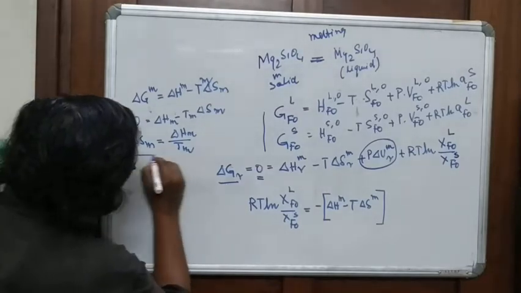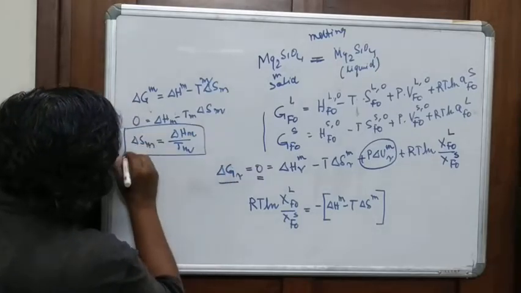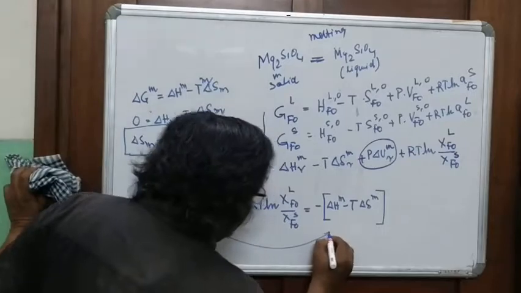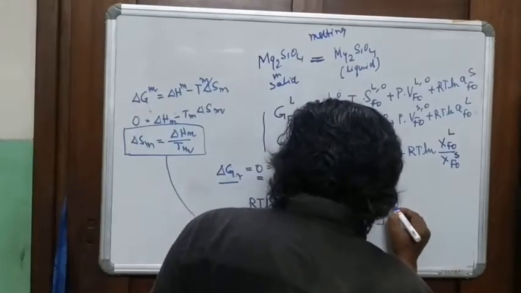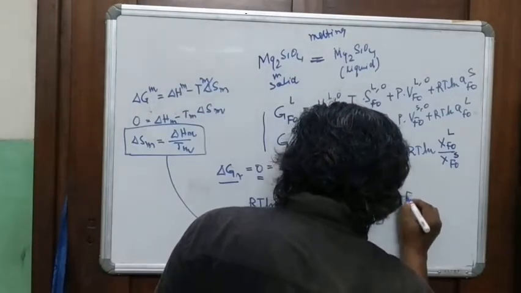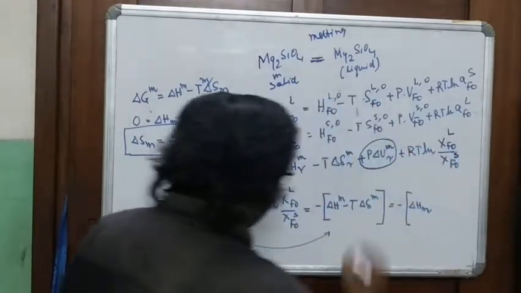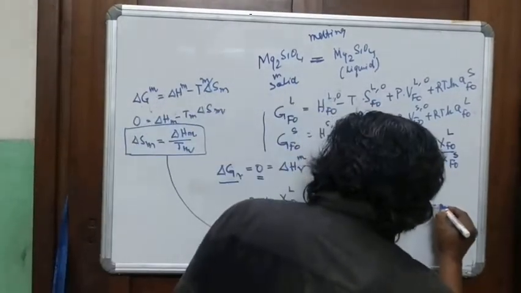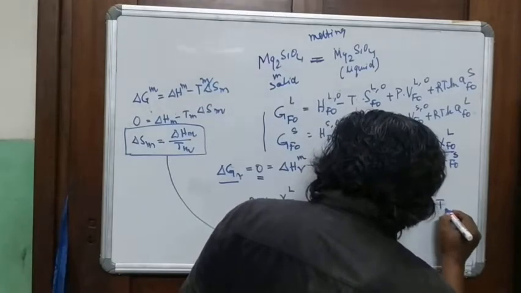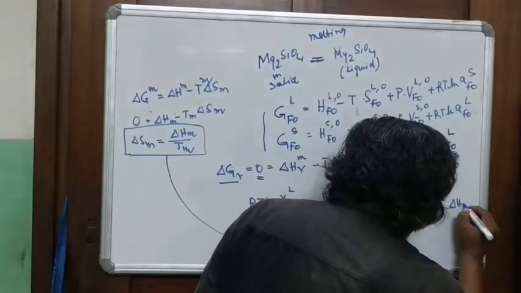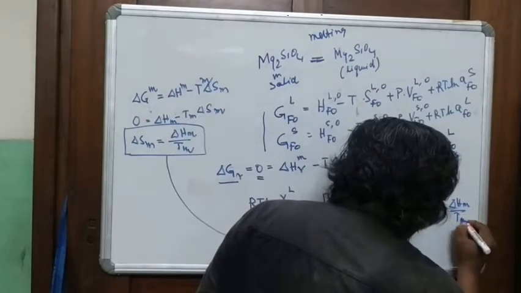So if I now take this expression and insert it here, I will get it as minus delta Hm minus T. Now you see here, it is delta Hm by Tm.